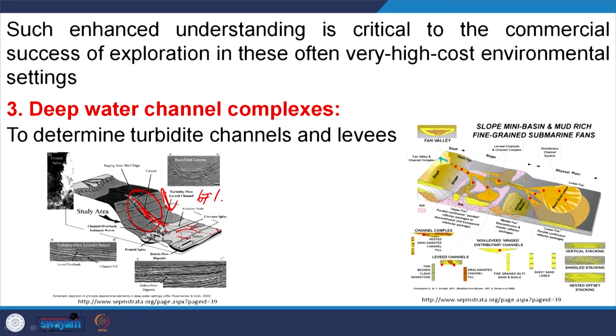Those environments are commercially important, and commercially important means we are spending crores of rupees or millions of dollars there. So, proper investigation in these regions, depth wise, laterally, and time wise, is very important for the interpreter. These areas are commercially very important, and these processes are very important to interpret the past geological history as well as for our hydrocarbon exploration purpose.